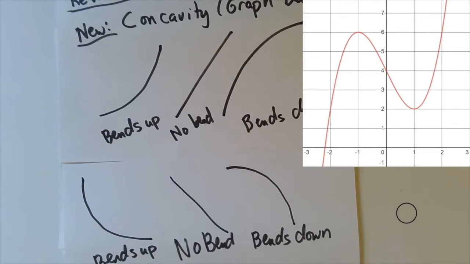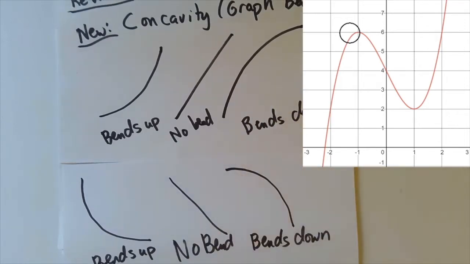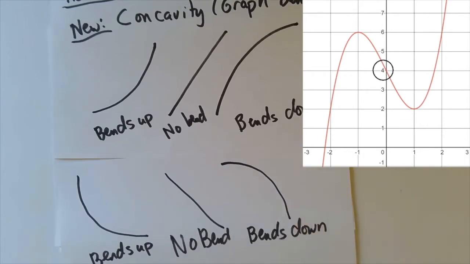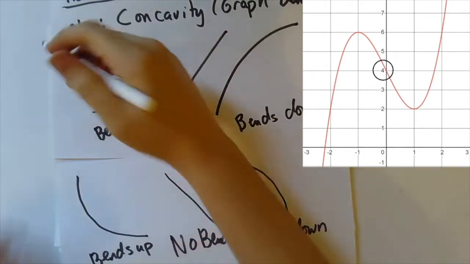Okay, so if you look at this graph over here, and you want to try and figure out, over this piece, that is increasing but bending down, so that's that one. Then over this piece here, it's decreasing but bending down, so that's that flavor. I'll go ahead and label these over on the side.